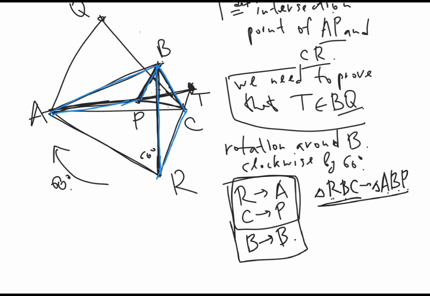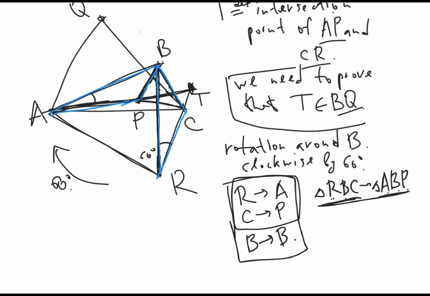Yeah, under this rotation, we get two blue triangles, and in particular it means that this angle is equal to this angle, right? As the corresponding angles in these two triangles.